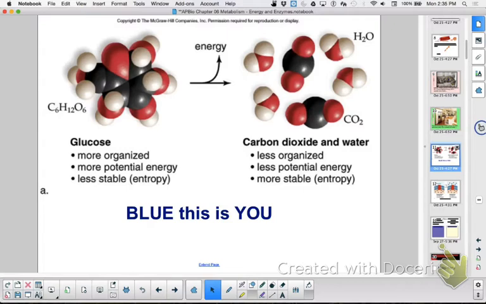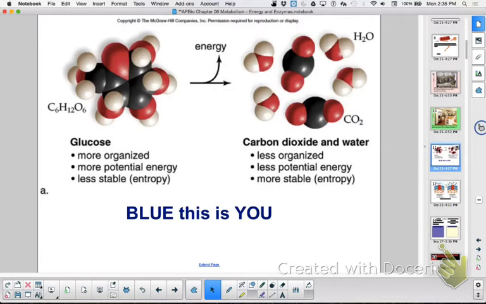Glucose has a lot of potential energy because when you hook all those carbons and hydrogens and oxygens together, they have covalent bonds to hold them together. When we break those covalent bonds down, we can harvest energy from that. So carbon dioxide and water has more entropy but less potential energy.